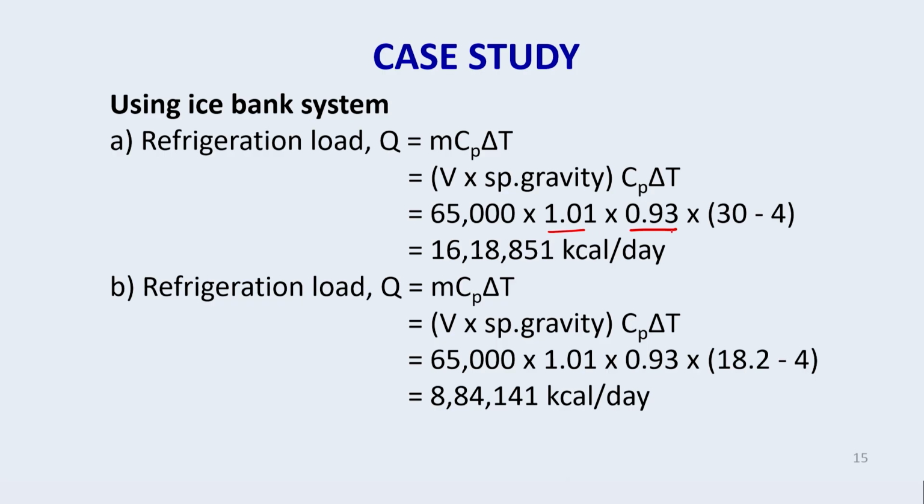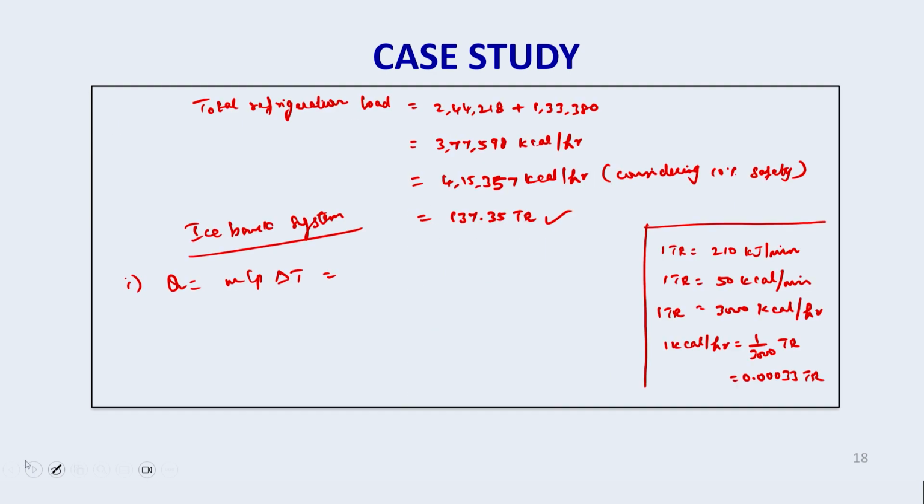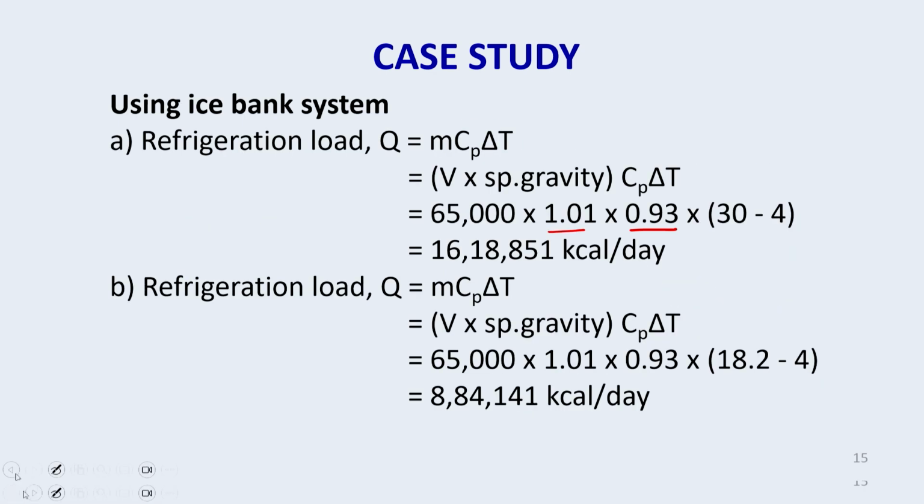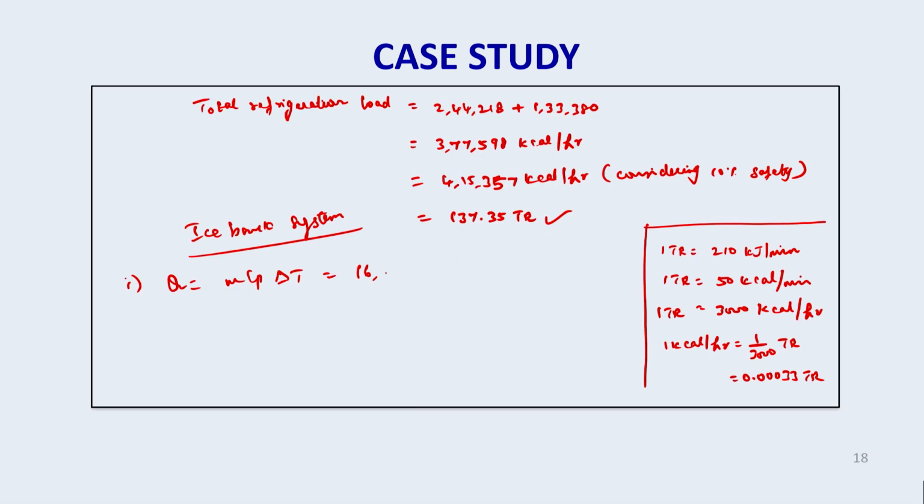The cooling process is from 30 to 4. When you calculate, you will get 16,18,851 kilocalories per day, not per hour. That is for a period of 24 hours. This is for the cooling process.